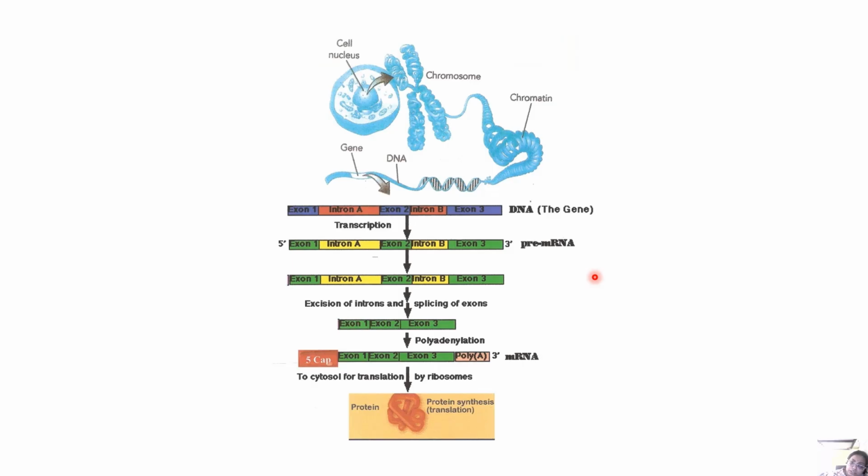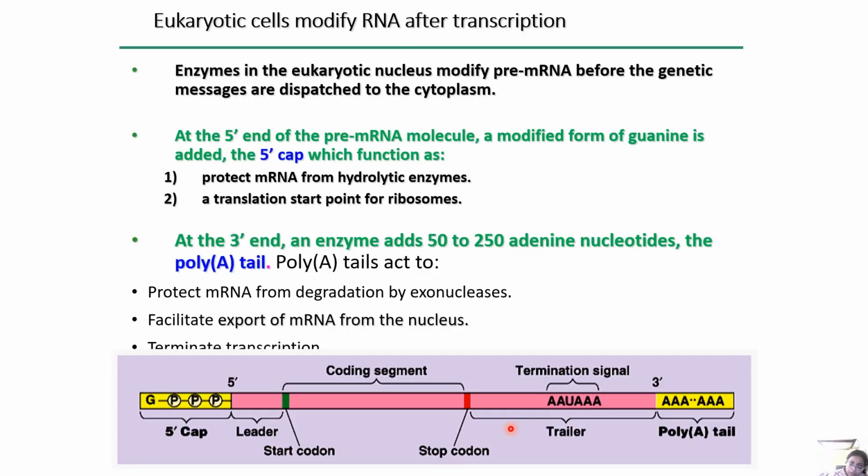This is another schematic that shows the DNA, which is the gene, then pre-mRNA, and ultimately mRNA, which goes to the cytoplasm where protein synthesis, or translation, occurs. The eukaryotic cells modify RNA after transcription. Enzymes in the eukaryotic nucleus modify pre-mRNA before the genetic messages are dispatched to the cytoplasm.